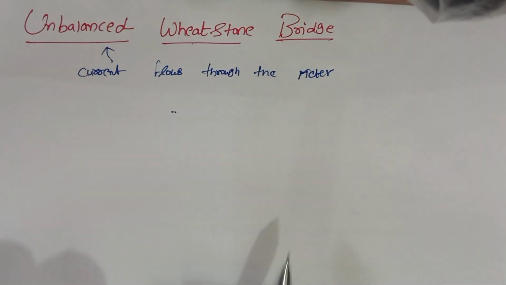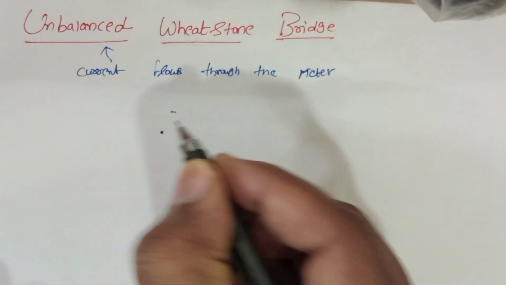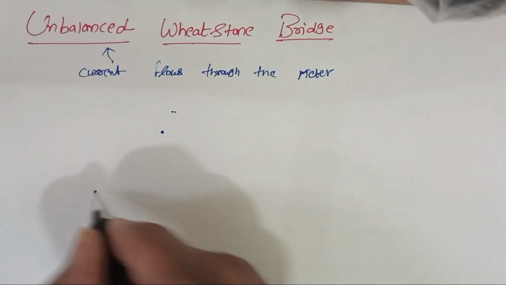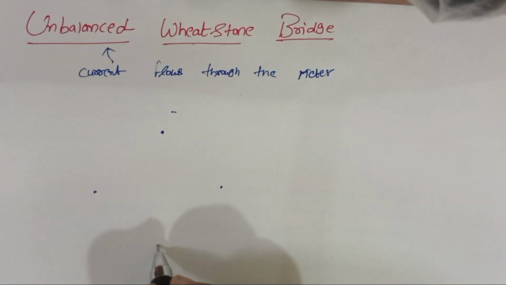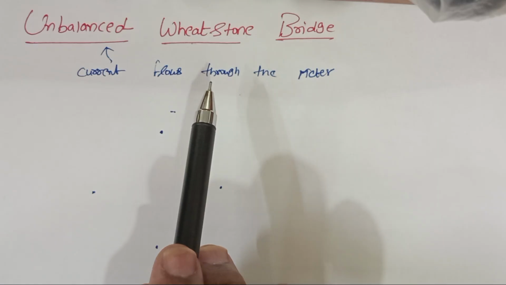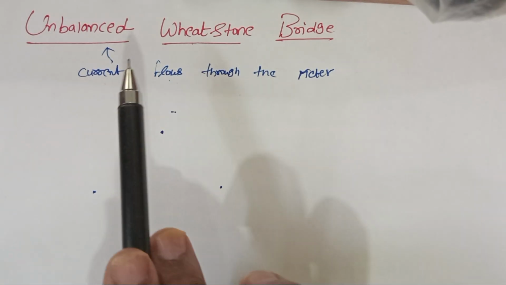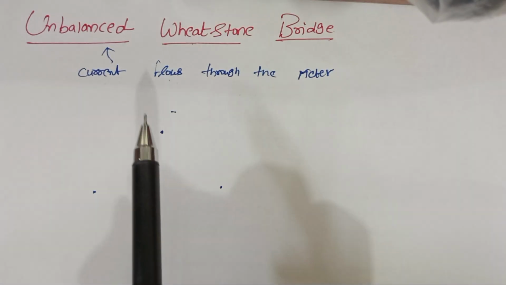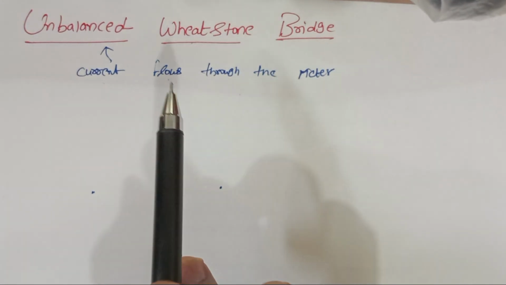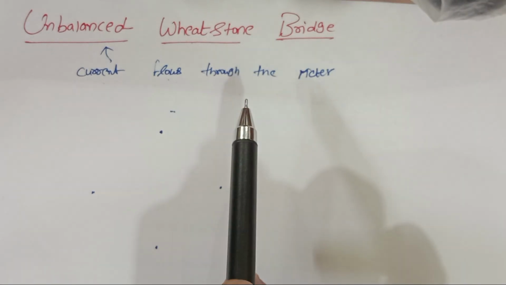Now we'll look at the Wheatstone bridge in the unbalanced case. In this case, we have to determine how much current flows through the galvanometer.